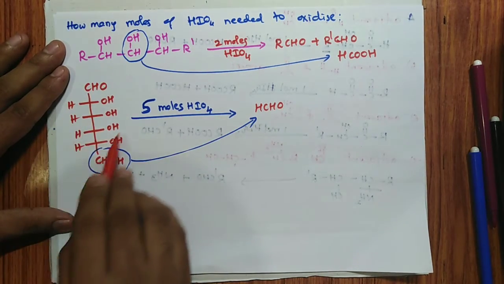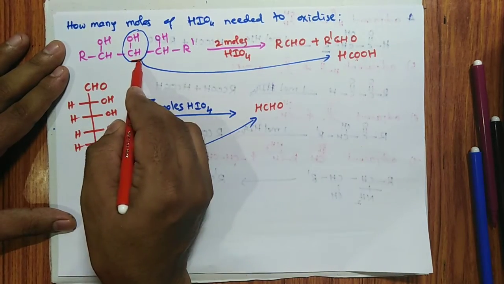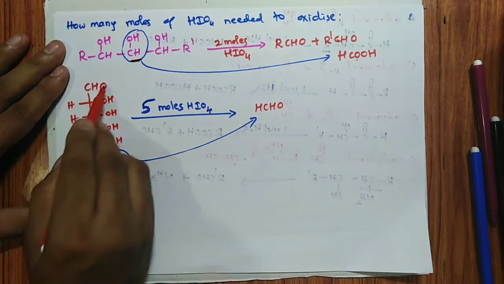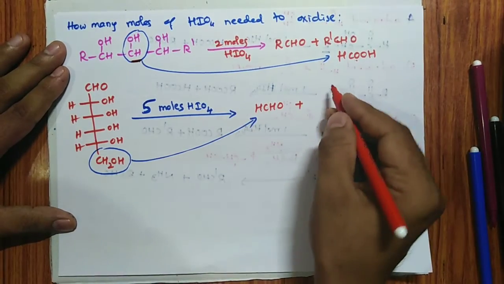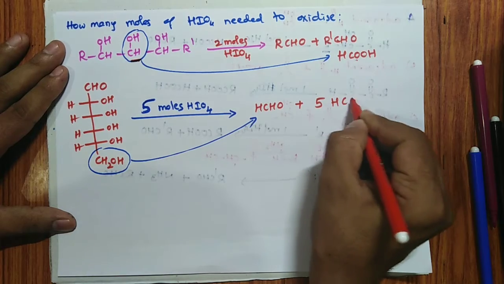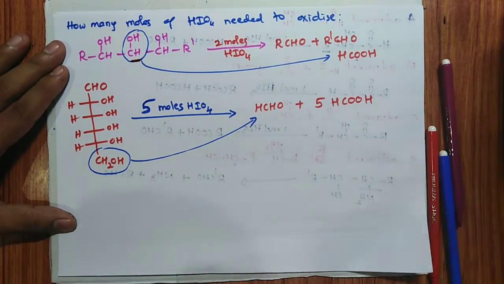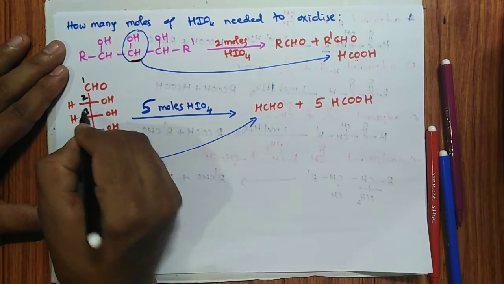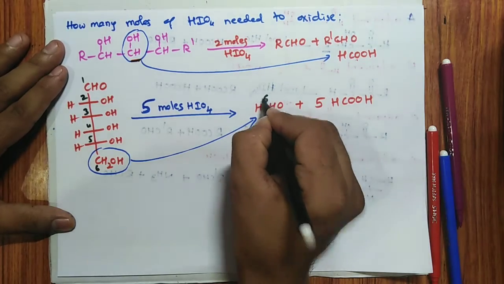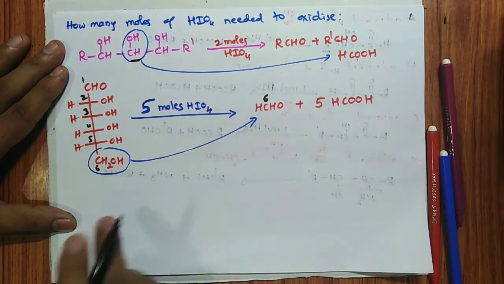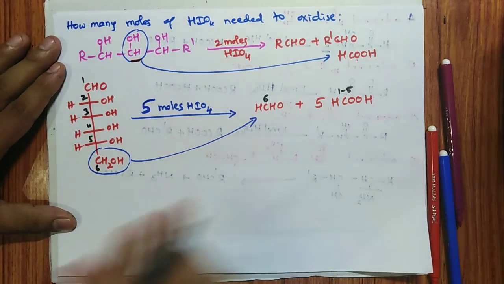Then the in-between alcohols get converted into HCOOH, and CHO also gets converted into HCOOH, hence all the remaining get converted into 5 HCOOH. To understand this, I will number the carbons 1, 2, 3, 4, 5, 6. There are 6 carbons here; HCHO comes from carbons 1 and 6, and the 5 HCOOH from the rest.